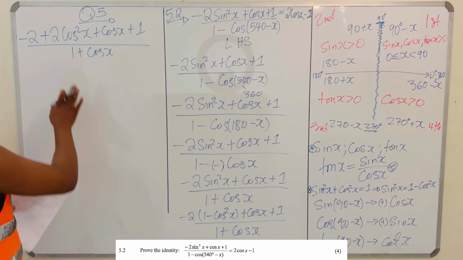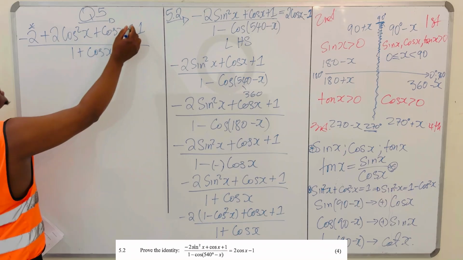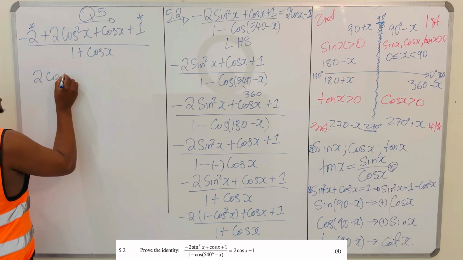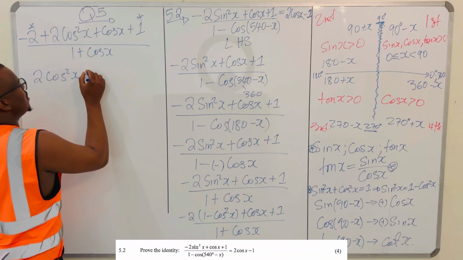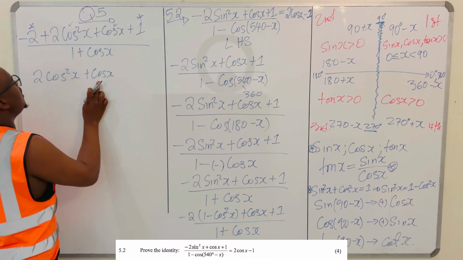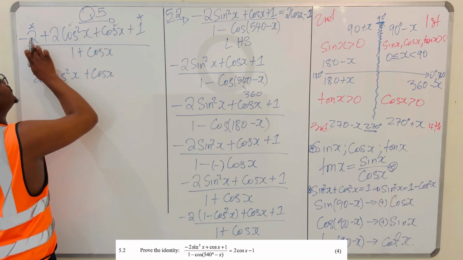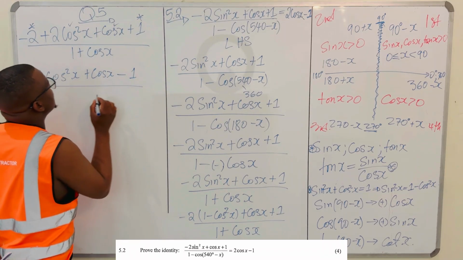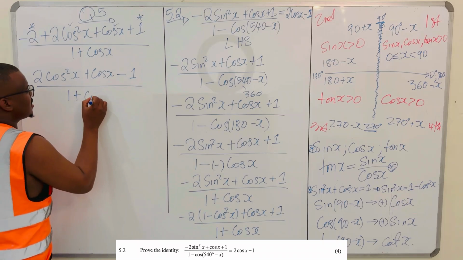Simplify: this and this are like terms. Put them together, so you have 2 cos squared x plus cos x. Then add these two: negative 2 plus 1 becomes minus 1, all divided by 1 plus cos x.